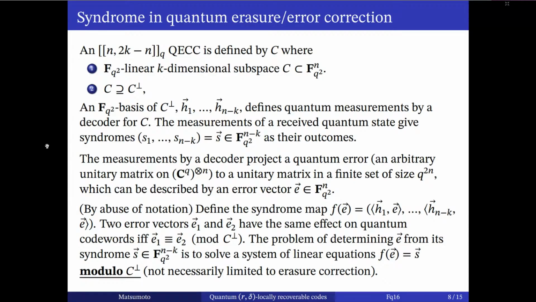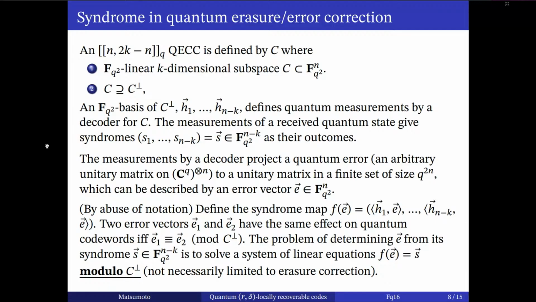And in the quantum decoding, by abuse of notation, we reuse the symbol F as a collection of inner products between H and the error vector E. Okay? So F(E) is a syndrome map defined by Hermitian inner product. And this is a unique feature in quantum error correction. Suppose that we have two error vectors in V2.